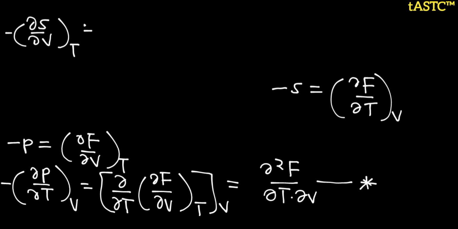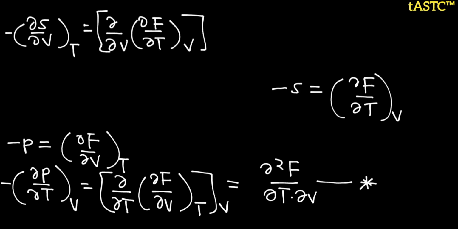So this is going to be partial V, and that is with this function, partial f partial T at constant V, and this must be at constant T. So we know this should become d squared F divided by dV dT. So that is what you have.